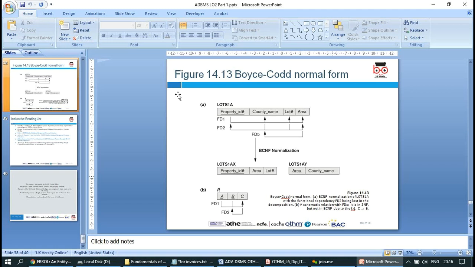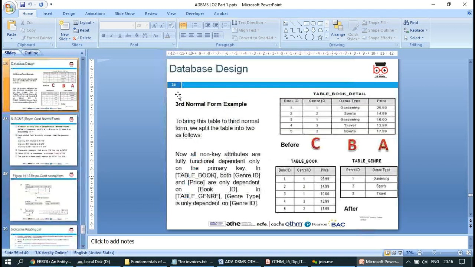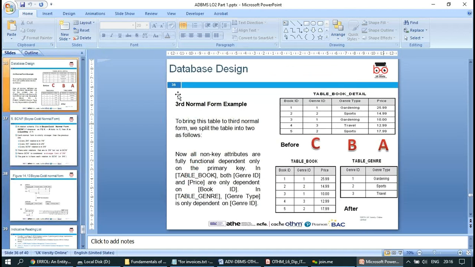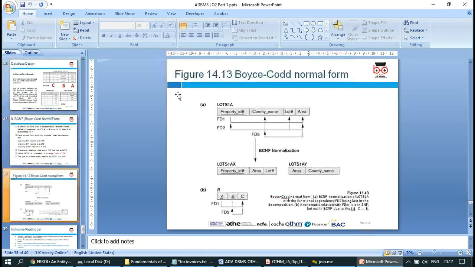The only difference is that previously in the third normal form, A was dependent on B and C. In this case there are four things. A was dependent on B and C, and here area is dependent on B, C, and A as well, because the property ID must have something to do with the area.